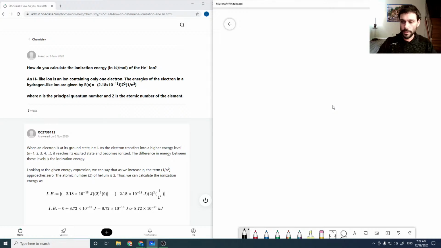How do you calculate the ionization energy in kilojoules per mole of the helium plus ion? And it gives us that an H-like ion follows a hydrogen-like energy level structure, where this here is our atomic number.